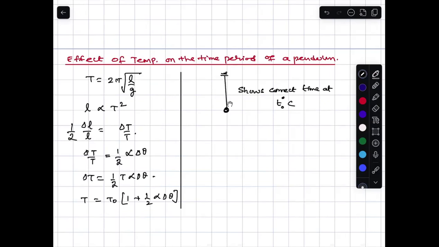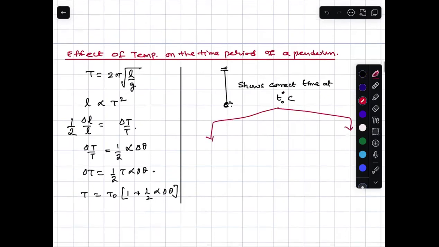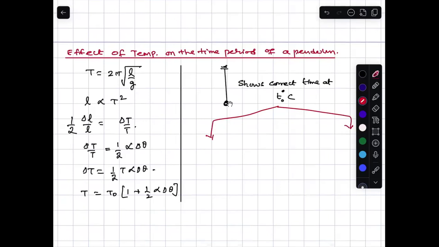Now, there are two possibilities. One possibility is the temperature may fall below T naught, T low, or rise to T high. Now, in this case, what happens as the temperature drops?